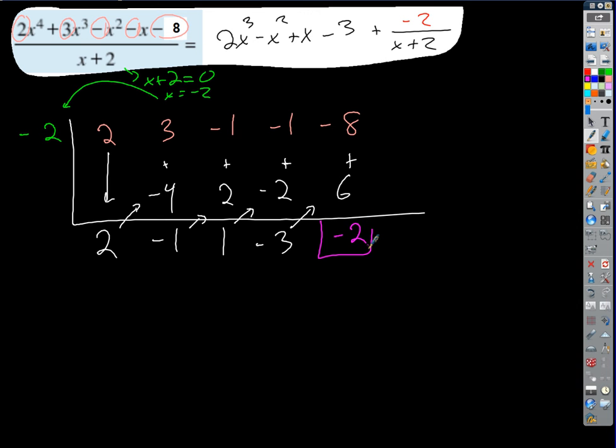Okay, do you see those numbers in here? Where are they? They're up there. Yeah, they're right there, aren't they? 2, -1, +1, -3, and there's my remainder.